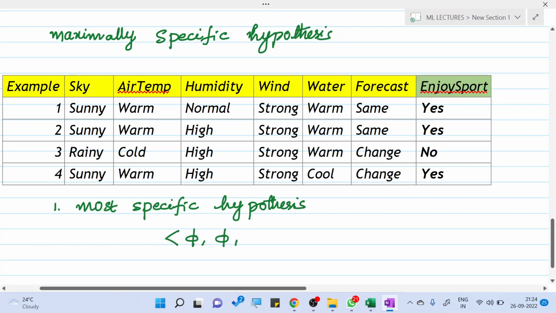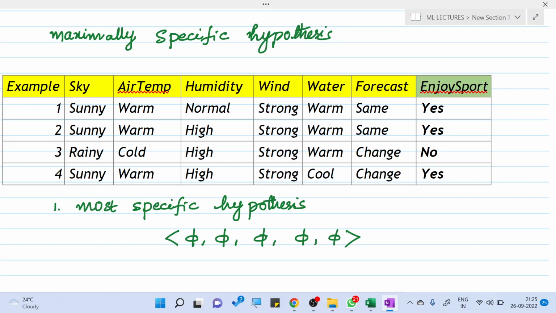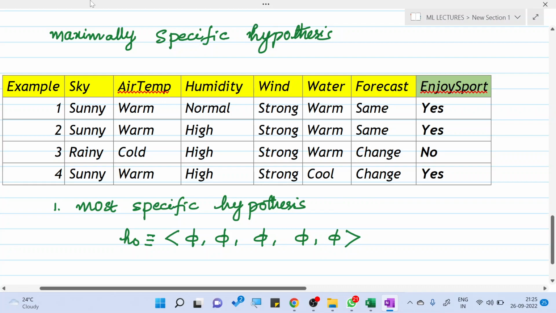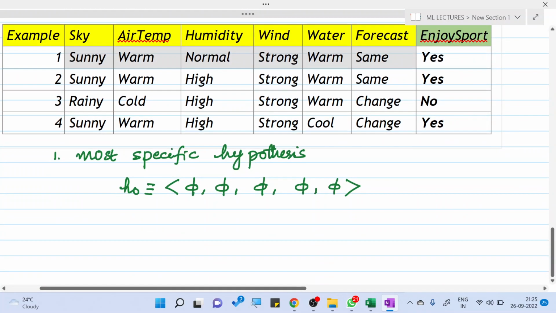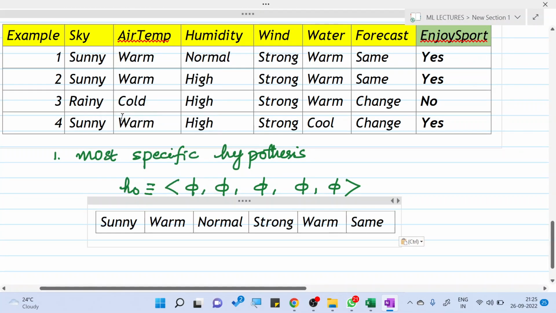That means he will not at all enjoy his favorite sport on whatever may be the conditions, whatever may be the day, whether the sky is sunny or rainy, air temperature is warm or cold, whether humidity is normal or high, whether wind is strong or not, water is warm or cool, forecast is same or change, he will not enjoy his sport. That is the most specific hypothesis.